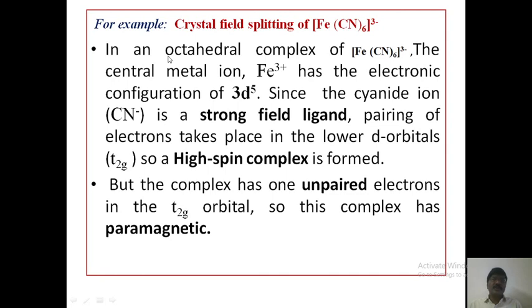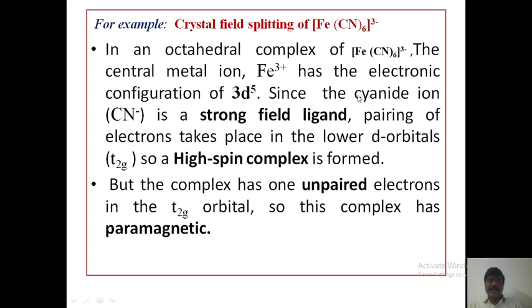For example, let us consider the crystal field splitting of the hexacyanoferrate ion, Fe(CN)6 3 minus. In this octahedral complex, the central metal ion is Fe plus 3, which has the electronic configuration 3d5.